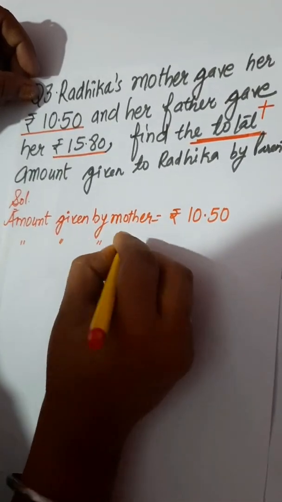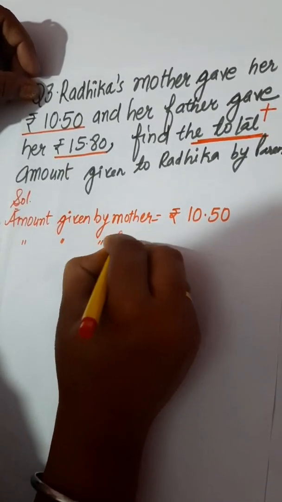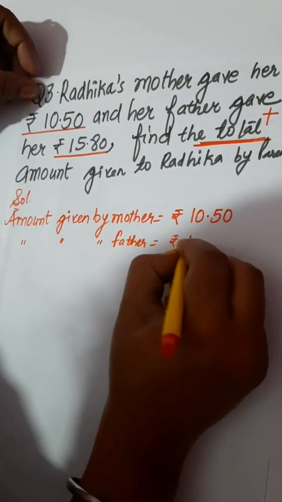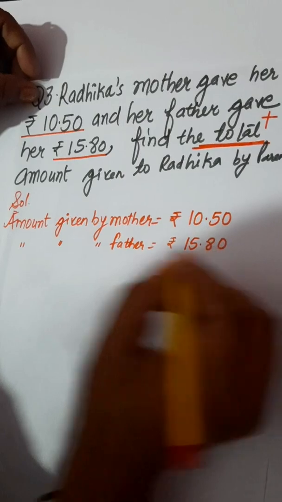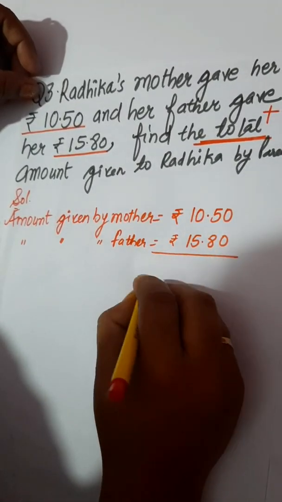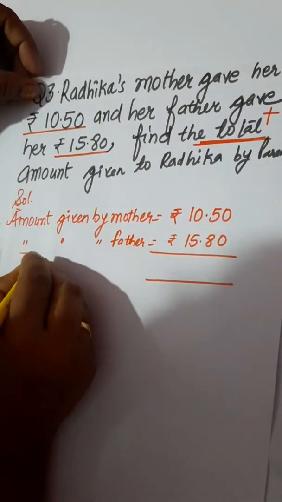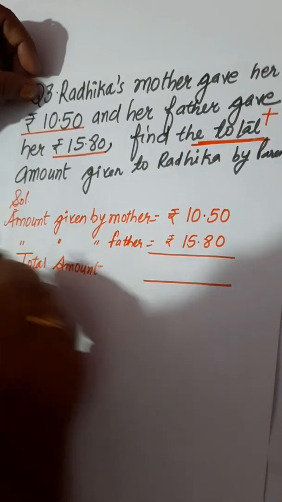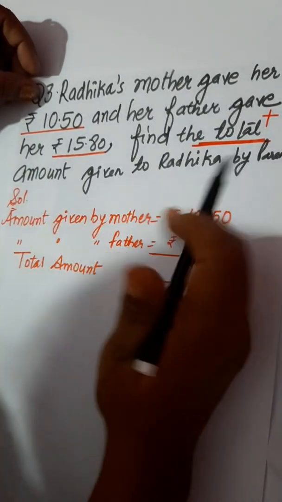Amount given by father, 15 rupees 80 paise. Whenever you have to find the total amount, just add it.